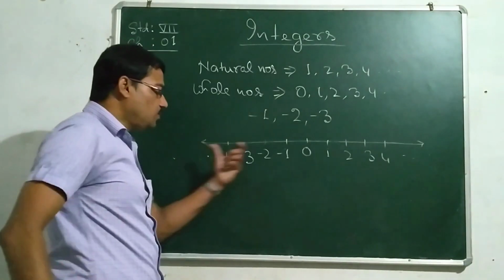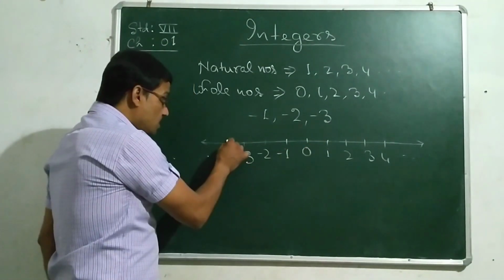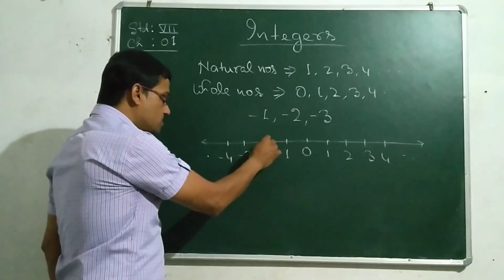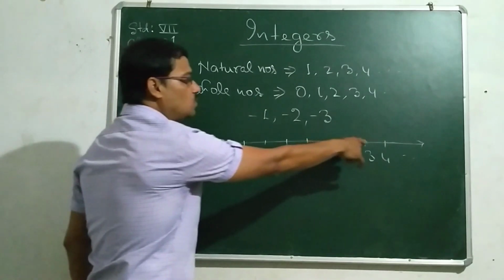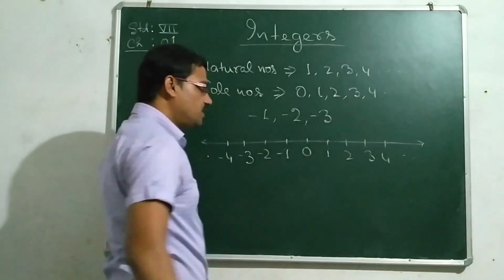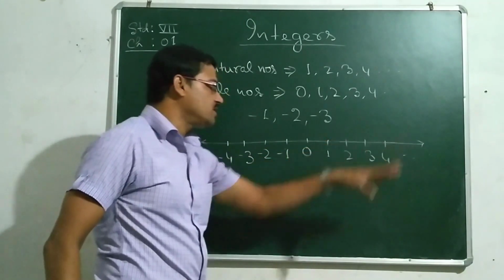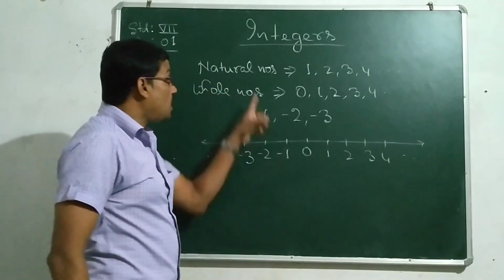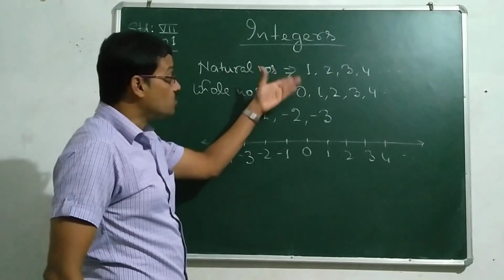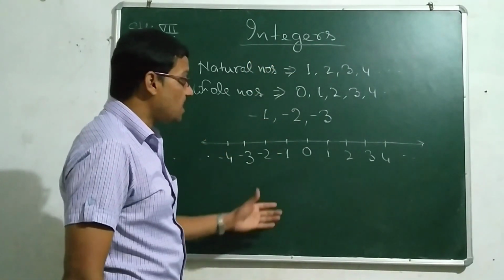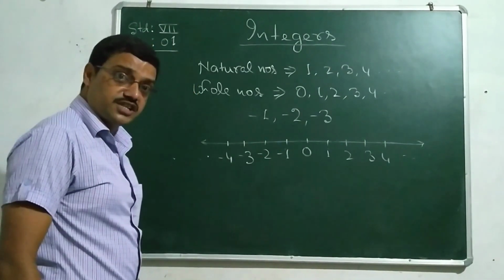You can extend both the lines. All these numbers shown by the dots, like -4, -3, -2, -1, 0, 1, 2, 3, 4 and other numbers which could be represented by these dots, those numbers are counted amongst integers, and you can call all these numbers as integers.